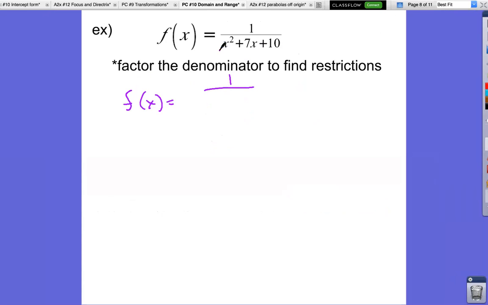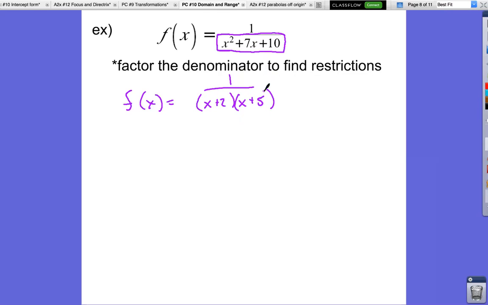Well, how can I factor x squared plus 7x plus 10? You're always going to have to look to factor. How do I do that? What is this factored? x plus 2, x plus 5. Perfect.